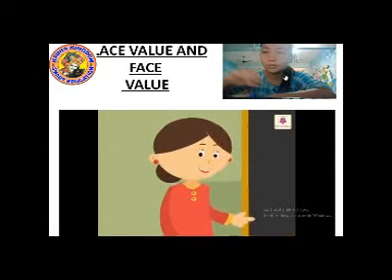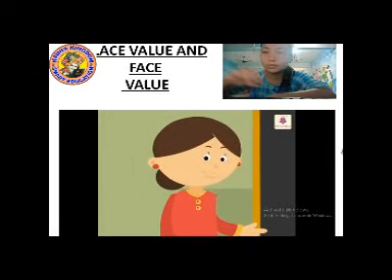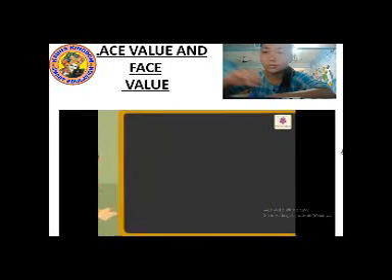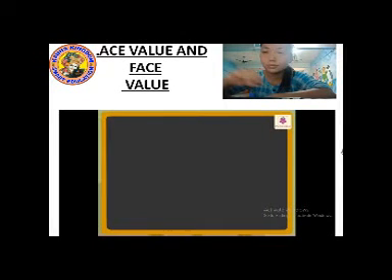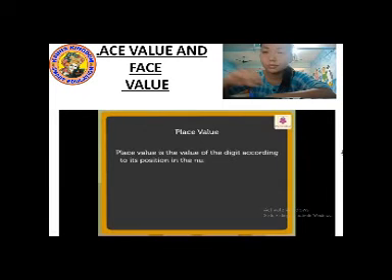Yeah, so let's begin. First, let me tell you what we mean by the place value of a digit. Place value is the value of the digit according to its position in the number, such as ones, tens, hundreds, etc. Let us understand this with the help of a number.